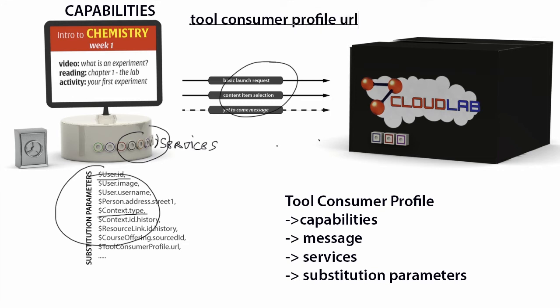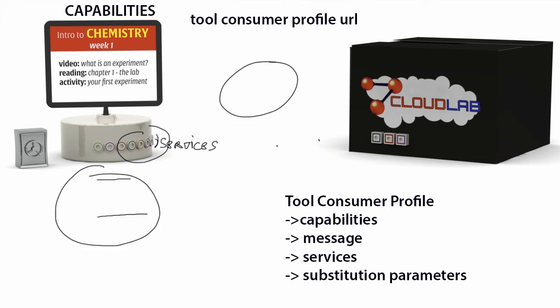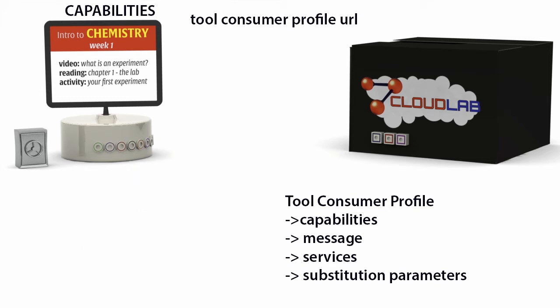So now when I'm launching a basic launch request from my tool consumer, I'm being passed the tool consumer profile URL. Therefore, I can use this URL to query the tool consumer back and get its list of capabilities through a tool consumer profile.